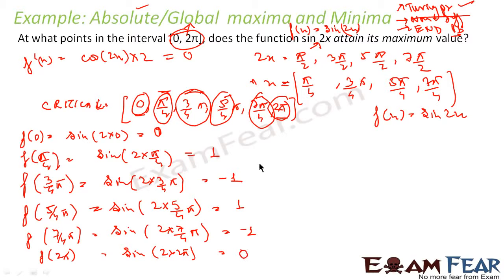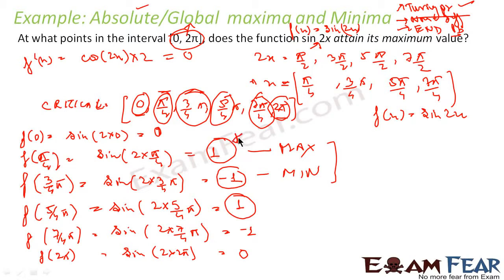So if you see, the maximum value is 1 and the minimum value is minus 1. We have to find the points at which it attains the maximum value. The maximum values are at this point and this point, so I'll put a star here.